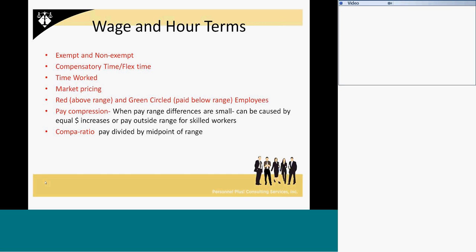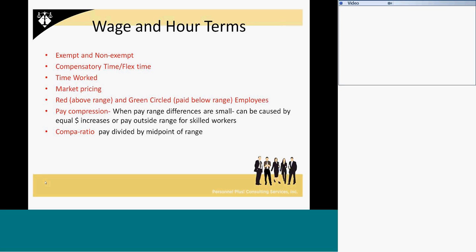Rarely do we care what they pay across the country, but there might be some jobs, like if you're recruiting for the CEO of a hospital, where the labor force that you're considering people from is truly regional or even national, that pricing might look at national wages, but mostly we're looking at local or regional within the state. The terms you run into are people who are red circled and people who are green circled.